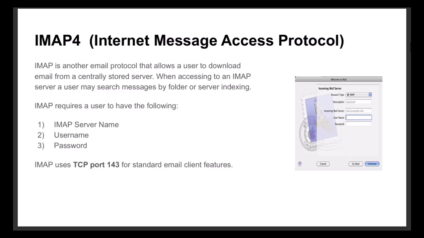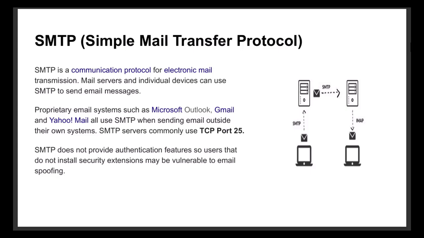Our third email protocol is SMTP, the Simple Mail Transfer Protocol. This is the protocol we use to send email messages from our devices to other servers or users on other networks. SMTP is the protocol that we use in our standard email systems, such as Google's Gmail, Microsoft's Outlook, Yahoo Mail, and others.